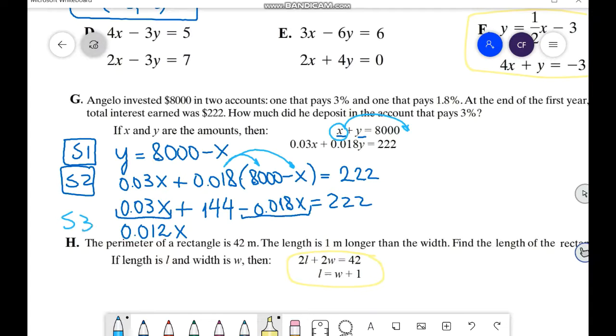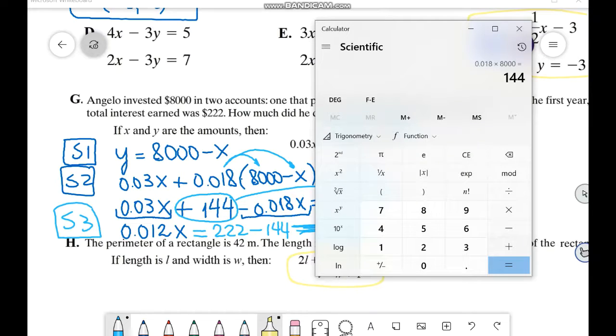For step number 3, let's move this positive 144 to the other side. It becomes negative when it goes to the other side. 222 minus 144. And to find the answer, finally, let's bring back the calculator. 222 minus 144 equals 78.